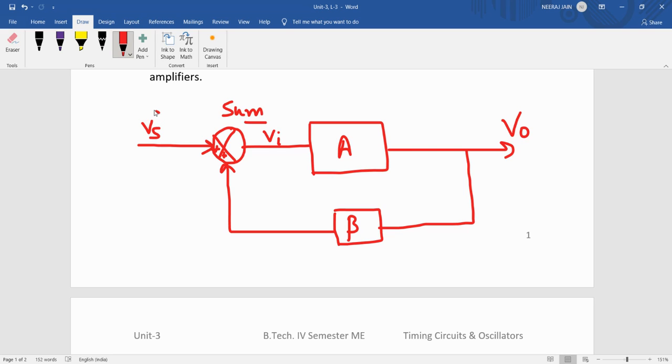When we give Vs to this summer, we get the output VO with the amplifier. Now this output is fed back, denoted by VF, which is equal to VO beta.